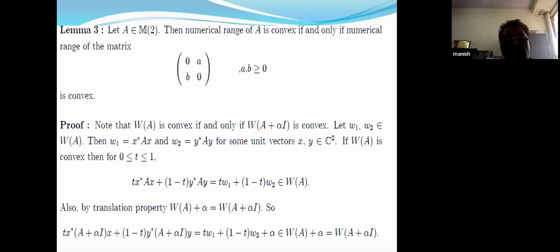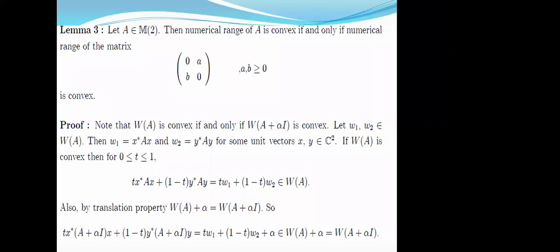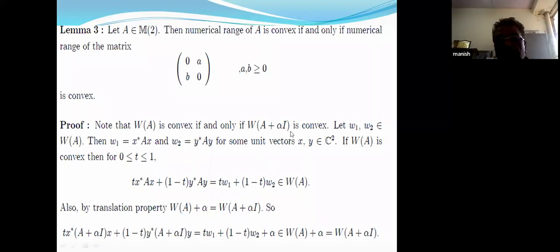Now the next lemma. The numerical range of A is convex if and only if the numerical range of the matrix 0 A B 0, where A and B are non-negative, is convex. Note that W(A) is convex if and only if the numerical range of A plus alpha I is convex. Why? Because by the translation property, the numerical range of A plus alpha I is the numerical range of A plus alpha.